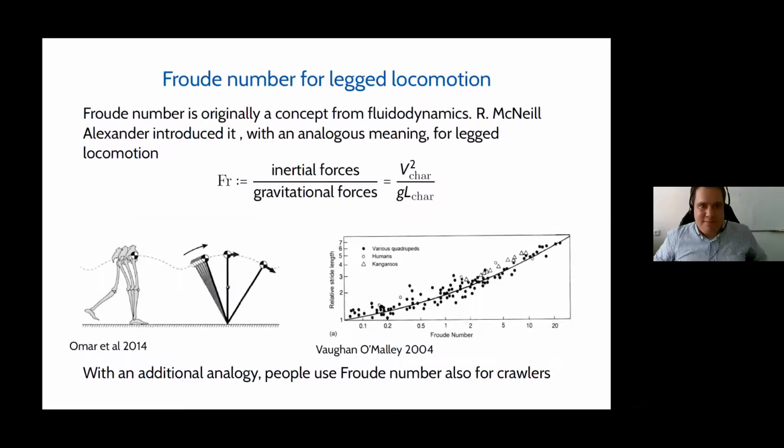Okay. It's something quite well known also for the study of animal locomotion. This goes back to some work, especially by Robert McNeill Alexander, who, working in analogy with fluid dynamics, introduced what he calls the Froude number.